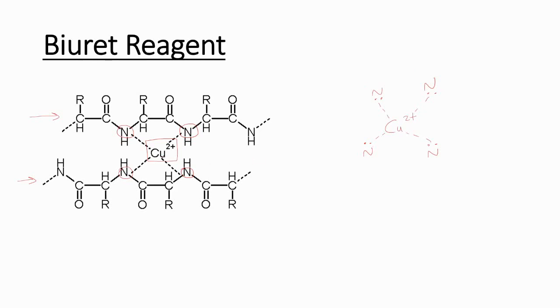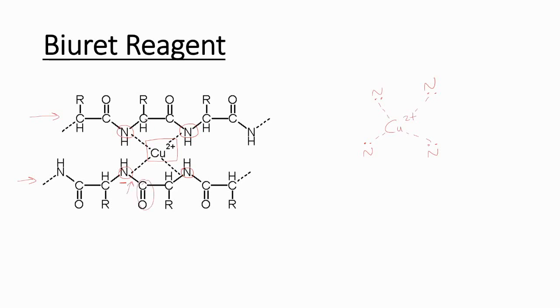Now you can also see that these nitrogens in the structure on the left are part of the polypeptide chain, and they are forming peptide bonds. So the NH group here of one amino acid is forming a peptide bond shown there to the carboxyl group of another amino acid.